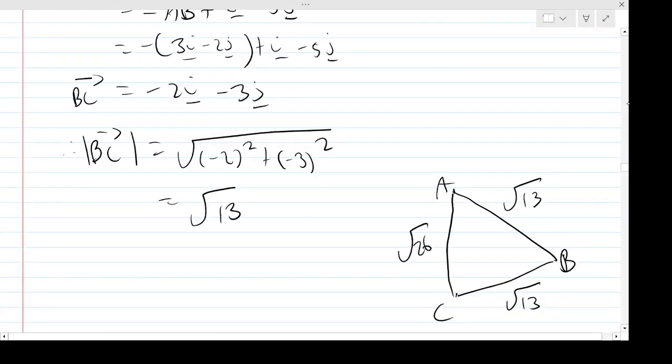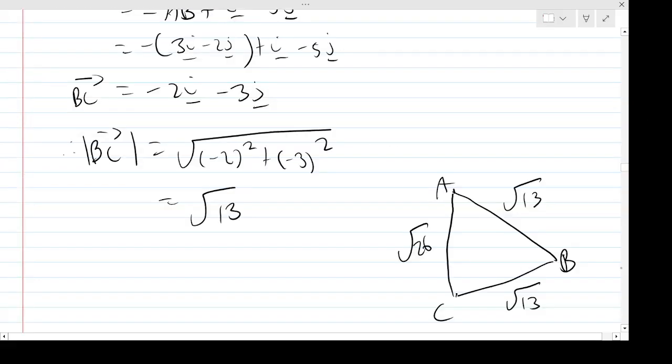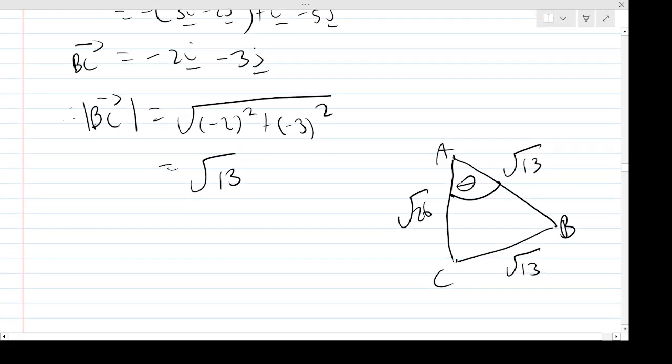And then it asks to find the angle BAC, so the angle at A, right there, which was theta. If I highlight that on, there we are. Hopefully now you can see with this triangle, once we found the length of all three sides using the magnitude of the vectors, it's basically a standard trigonometry problem.